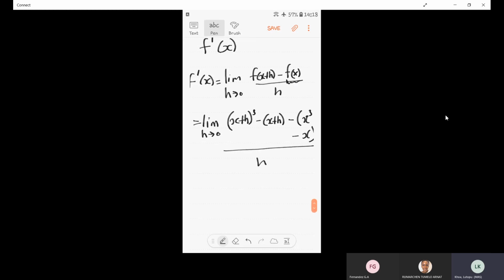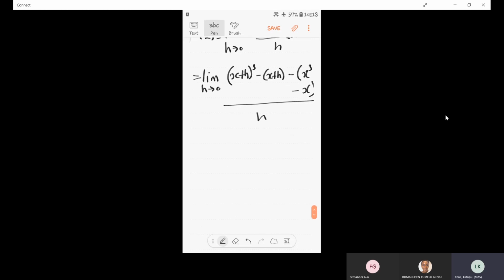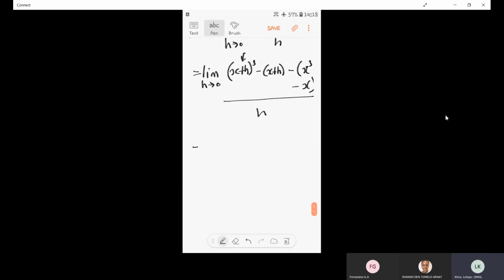Then to work this out, what you need to do is use Pascal's triangle or the binomial theorem to expand this bracket. So I will have the limit as h goes to 0.